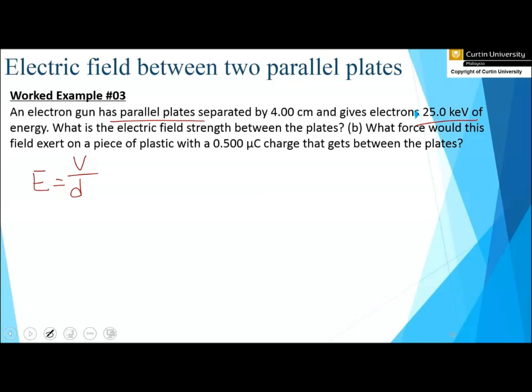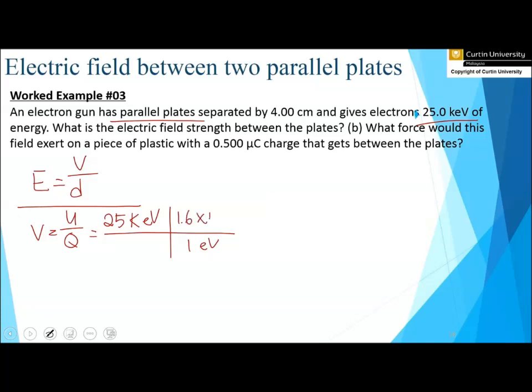So how does energy relate to voltage? Voltage equals energy divided by the charge, correct? Your energy is 25 kilo electron volt, which we have to convert to joule. So 1 electron volt equals 1.6 times 10 to the power of negative 19 joule, divided by Q. Your Q is the charge of the electron, which is 1.6 times 10 to the power of negative 19.